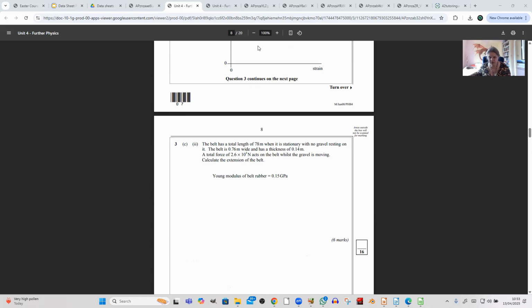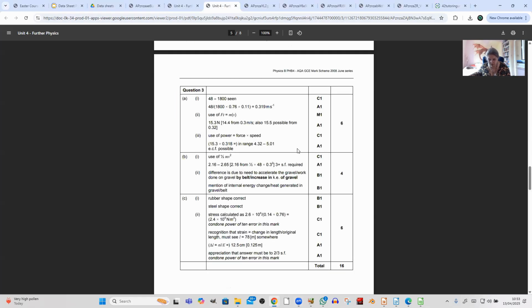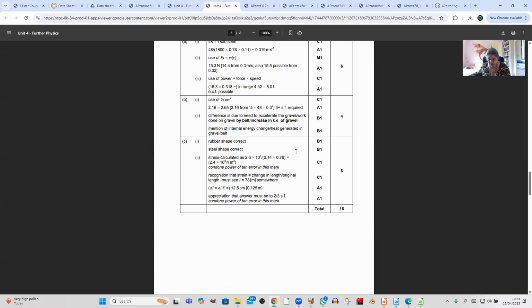I have pulled up the mark scheme actually. Shall I pull up the mark scheme? Yeah, so here's the mark scheme. So we've got correct shape for rubber, correct shape for steel. The stress calculated, they want the strain calculated.